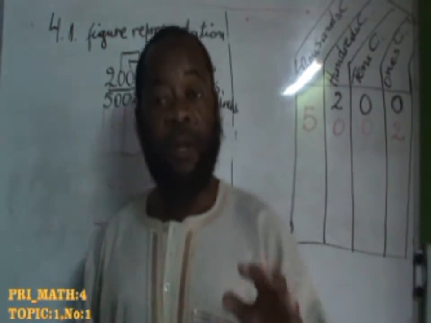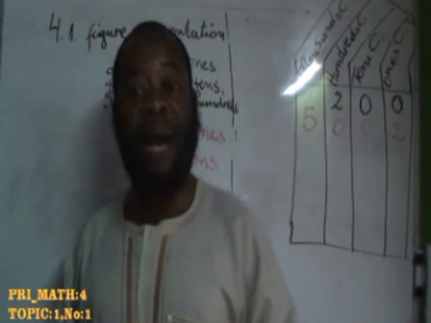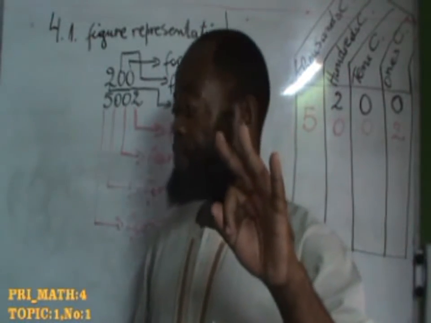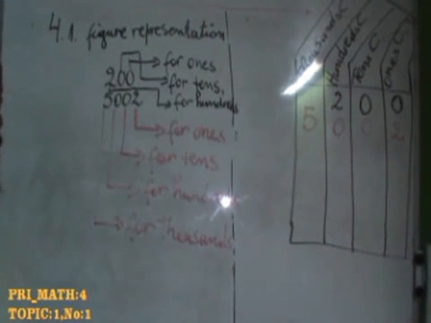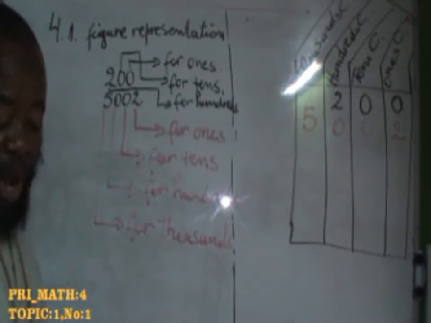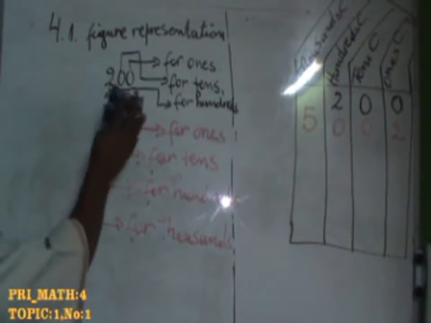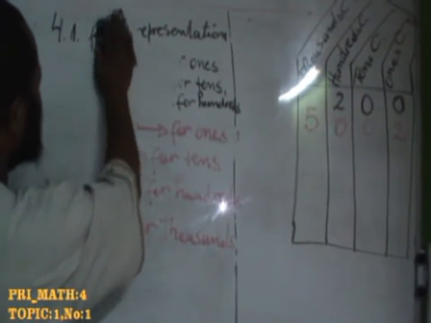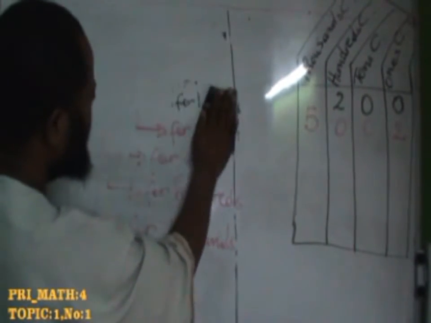So we have already talked about 3 kinds of representation. So let us talk about the last one of our representation.